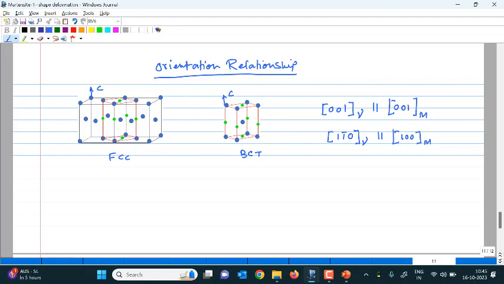Can we see it from these two diagrams? Where is the 1 bar 1 0 in the austenite cell? 1 bar 1 0 is along this. And you can see that 1 0 0 is this one, these two sides basically, right? 1 1 0 of austenite, that is along this face diagonal, right?